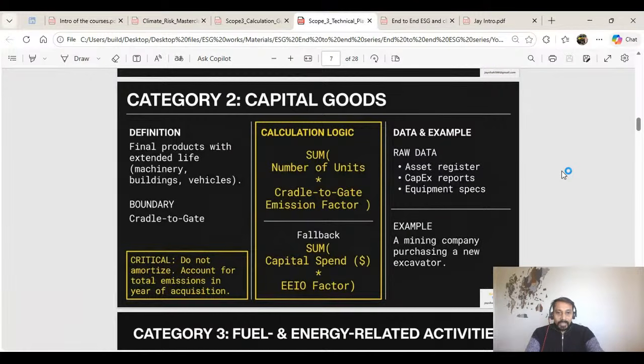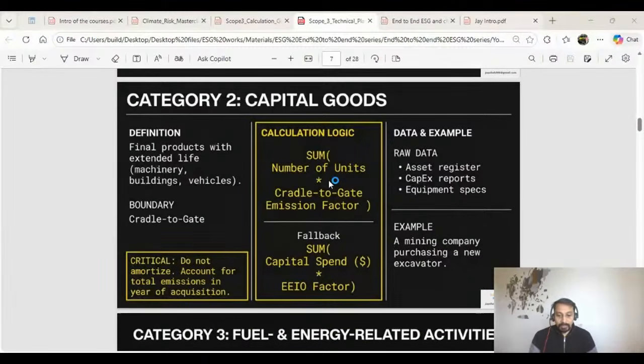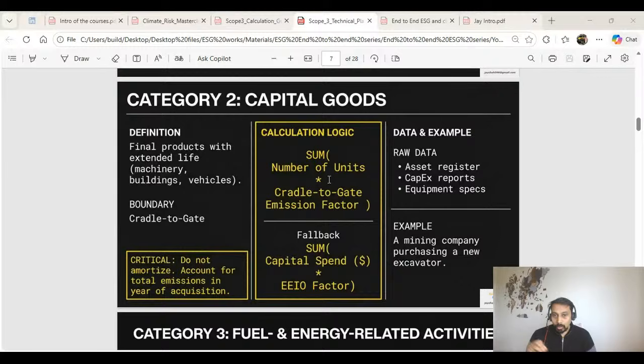For category 2, that is capital goods, which is again a very important category, for example machineries, buildings, vehicles, large IT infrastructures. For the calculation, it is important to understand the number of units, then the cradle-to-gate emissions factor. I hope you understand the cradle-to-gate emissions factor.